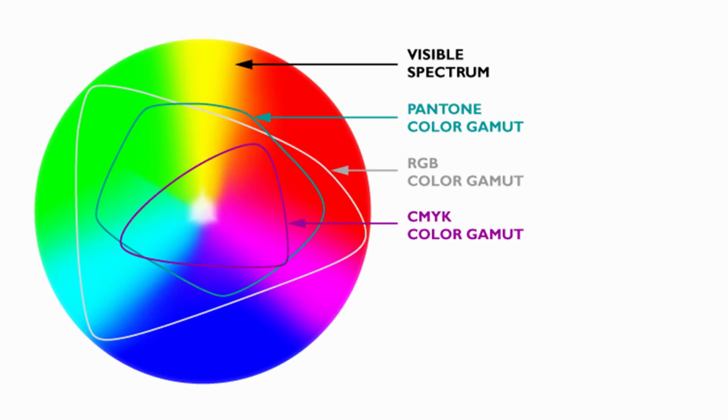It is the largest group of colors that is technologically possible. The next smallest shape represents the Pantone gamut, all the colors possible with Pantone inks for printing. The smallest group of colors is the CMYK gamut. These are the colors used for printing.